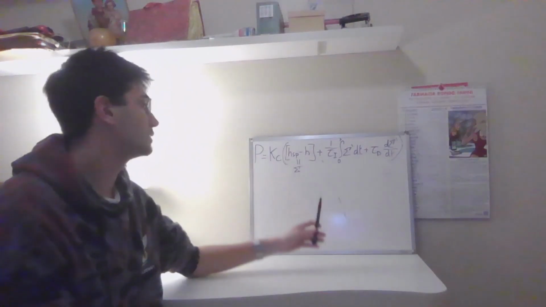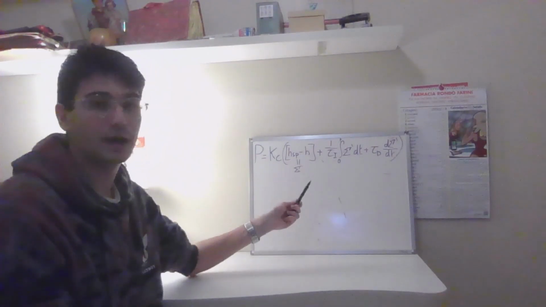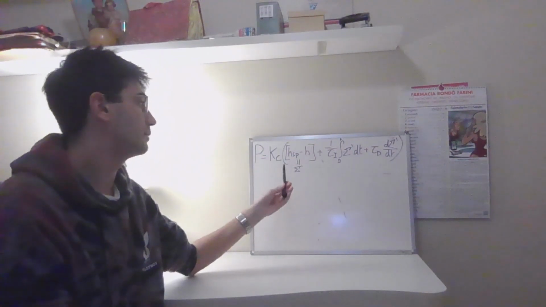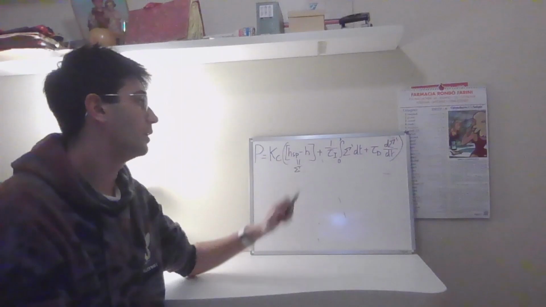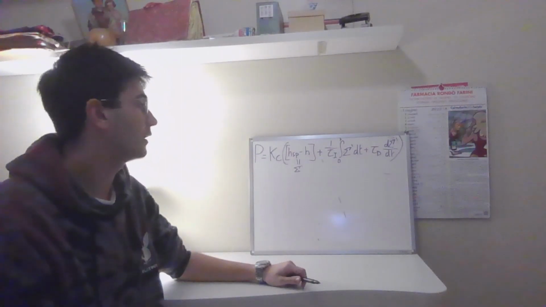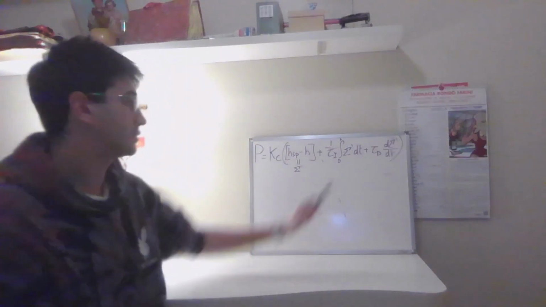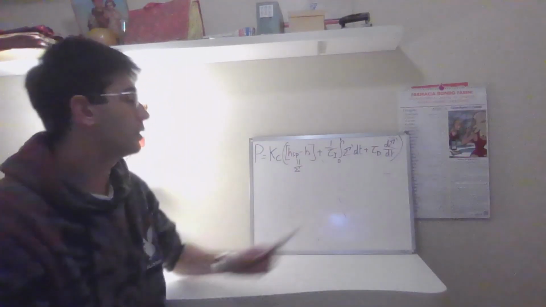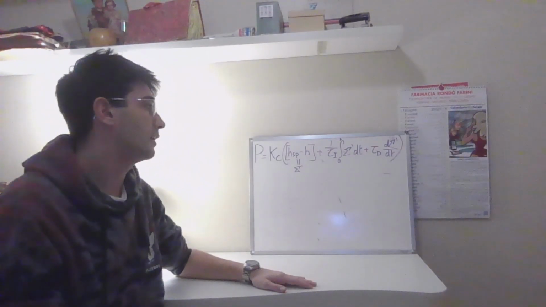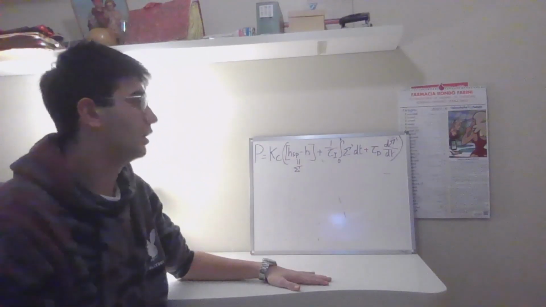And then plus 1 over tau I times, again, the error, integrated from time 0 to t with respect to time, obviously, plus tau D multiplied by the derivative of the error with respect to time.